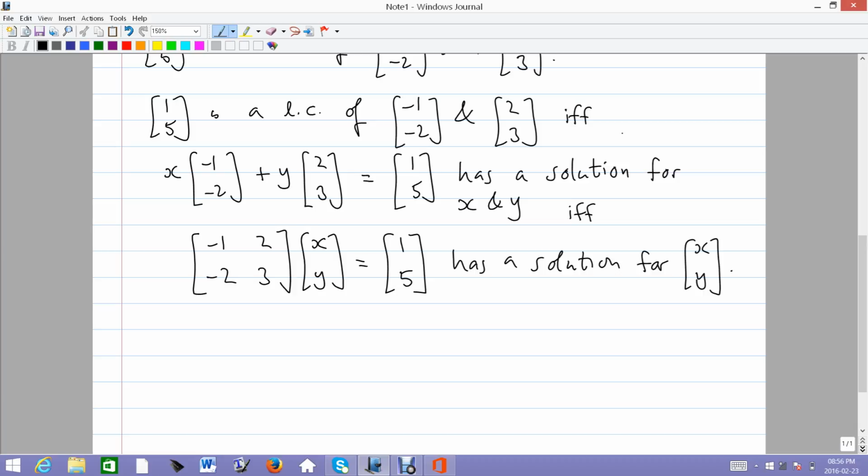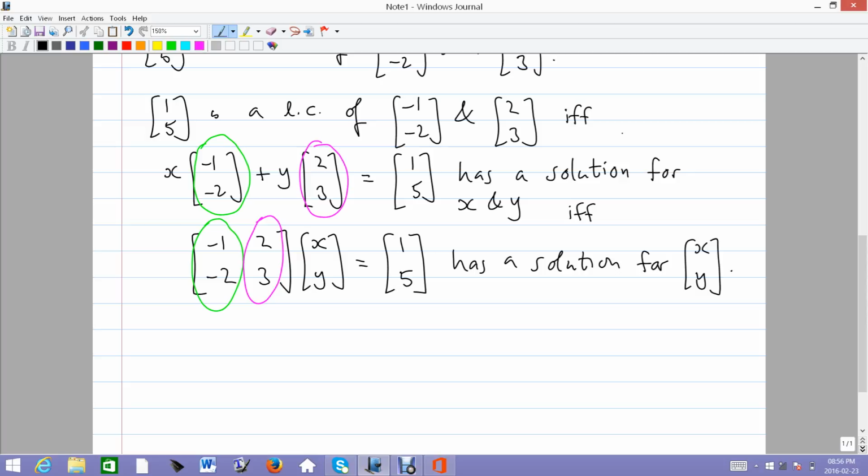In this situation, you will notice that this vector over here corresponds to the first column of our matrix, and the second vector corresponds with the second column.